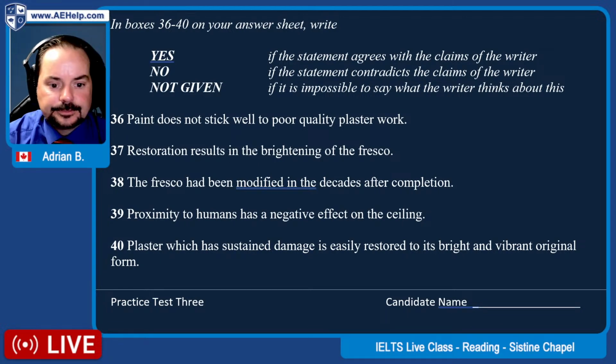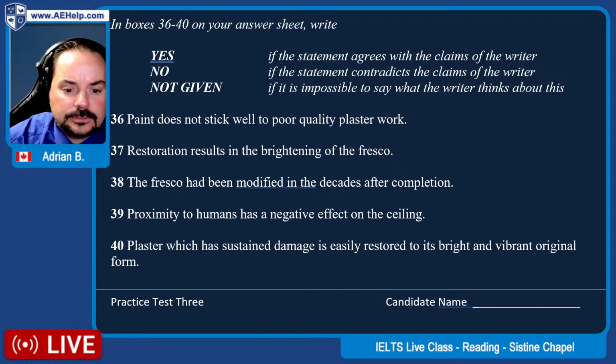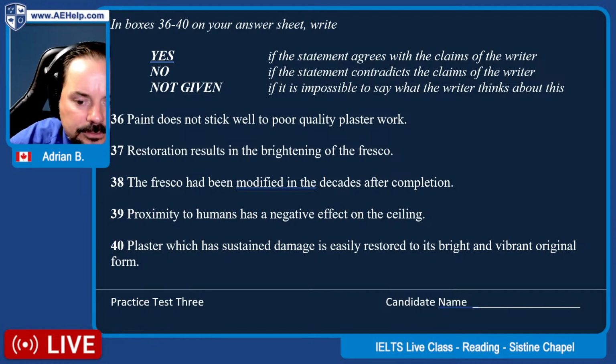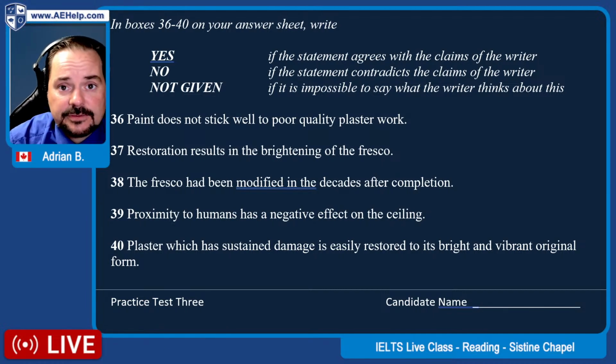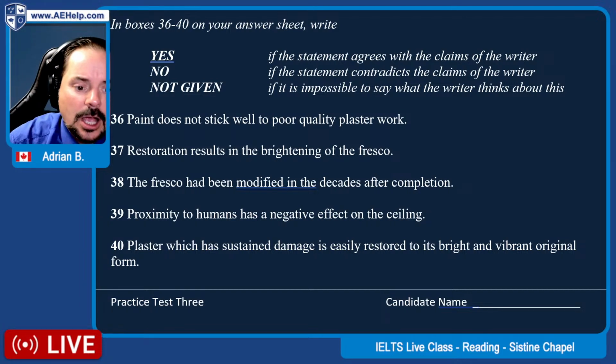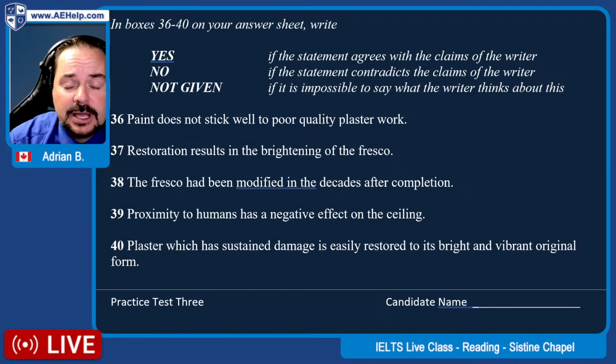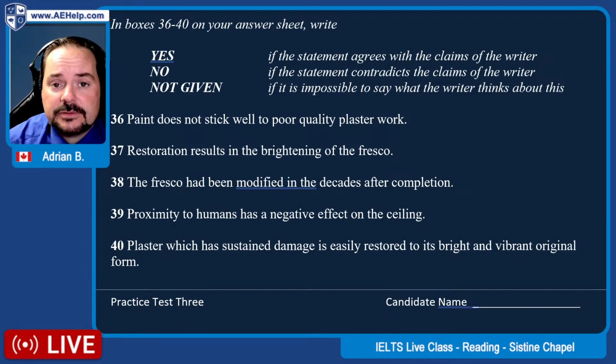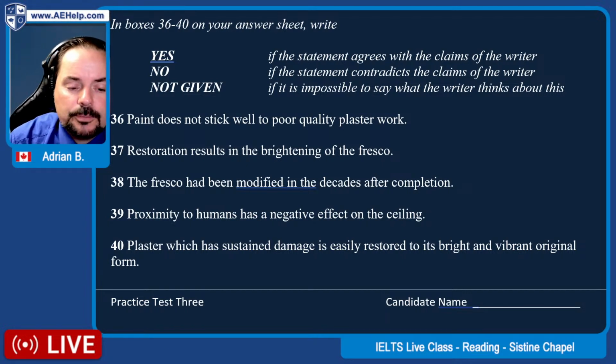Paint does not stick well to poor quality plaster work. The first step is to figure out if that information is somewhere in the passage or not. The way to figure that out is by figuring out if that's an important piece of information for this reading.